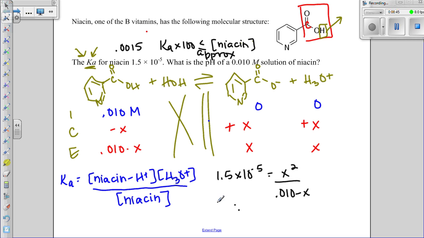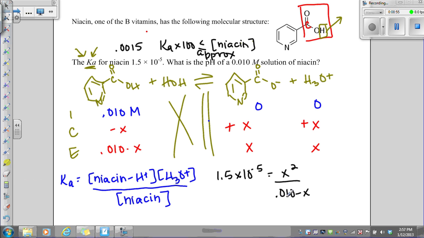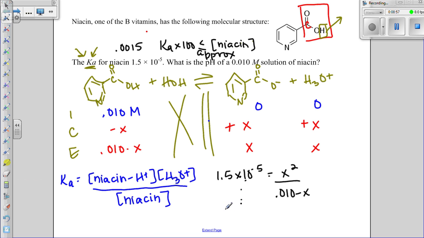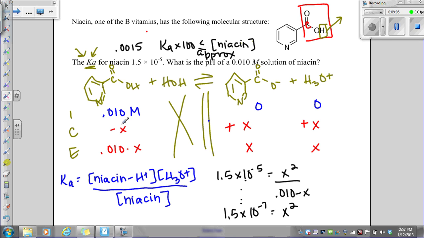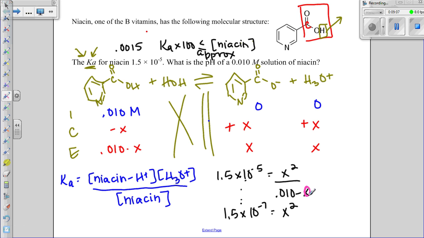So when I do that, I am going to get 1.5 times 10 to the negative fifth times 0.010. I get 1.5 times 10 to the negative seventh equals X squared. Oh, let me go back and talk about this. I have made this X 0, so it's kind of like it's not there.